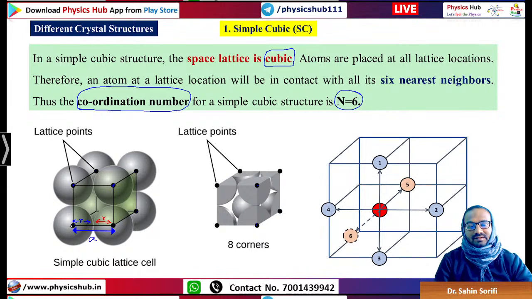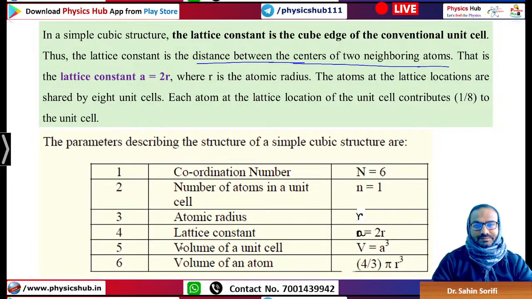So r plus r, from this center to this center, what is the distance? 2r. And you know this center to center distance is the lattice parameter. So we can express the lattice parameter in terms of the radius of the atom. So a is equal to 2r. Understood? That is why this relation a equals 2r, where r is the atomic radius.